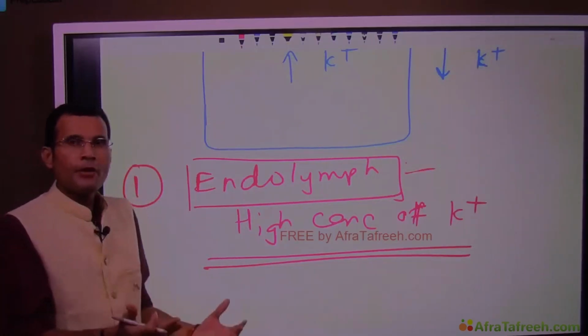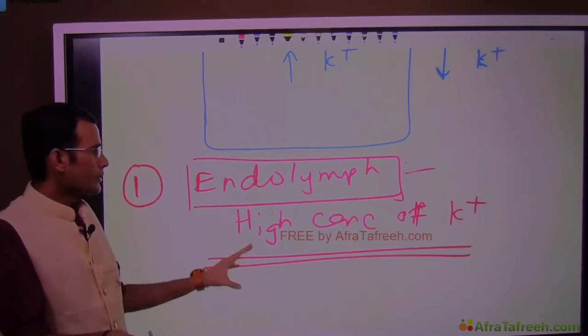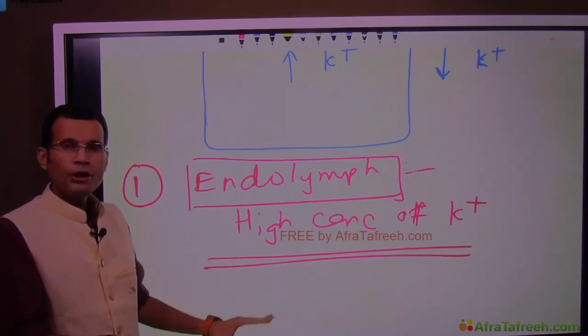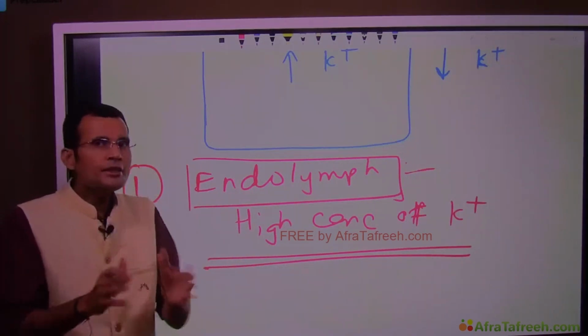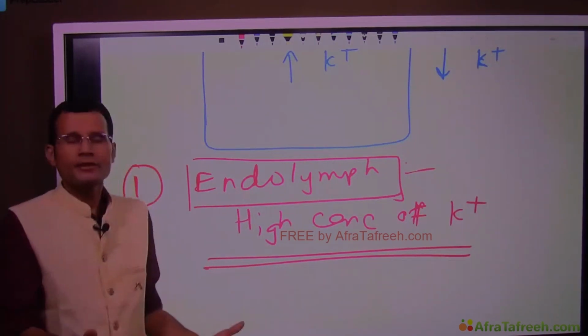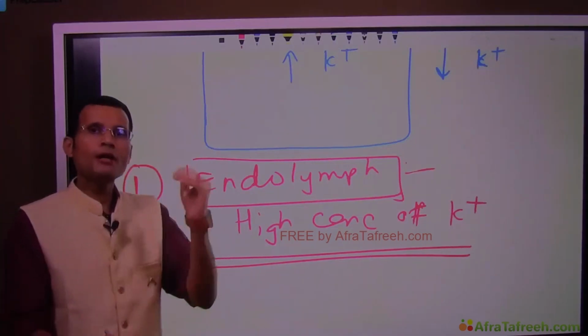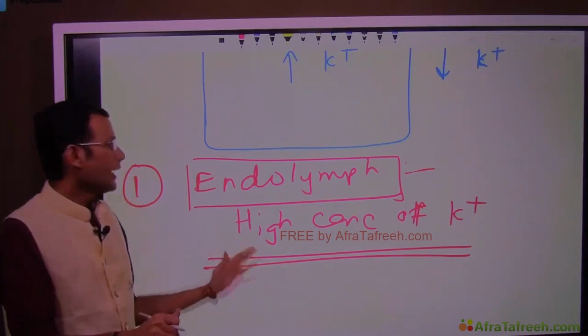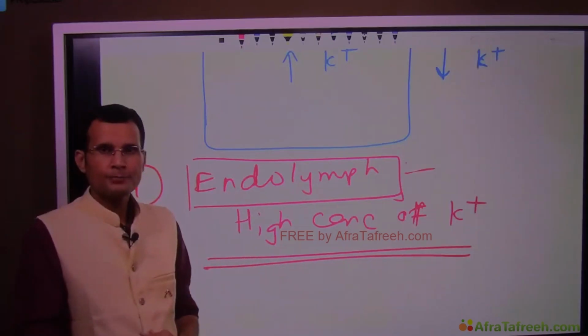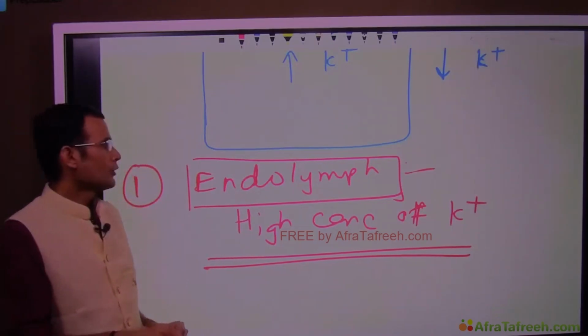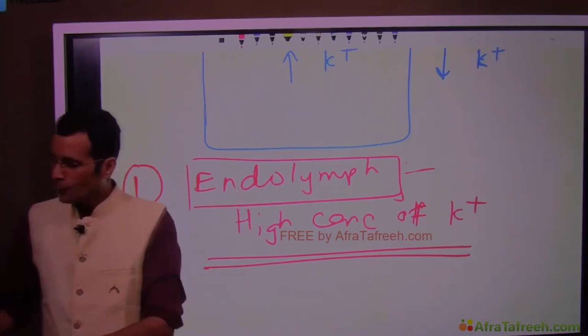And the point that I'm trying to make is that this fluid has the ECF composition because it is an ECF, it is a part of extracellular fluid, and over and above that, it has excess potassium ions. Okay, so please remember this for now.